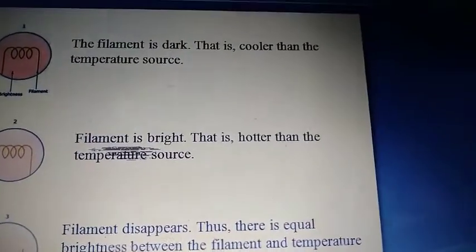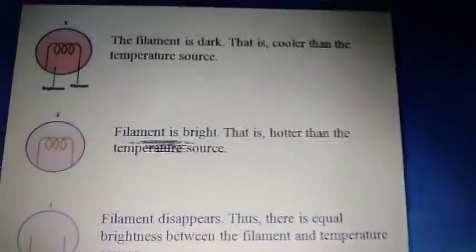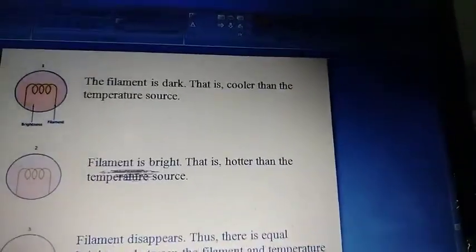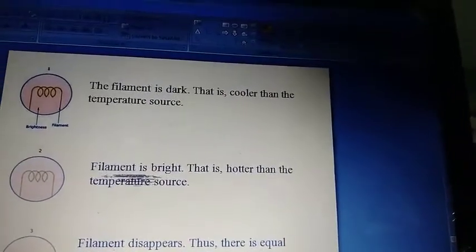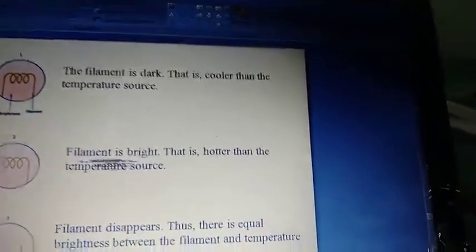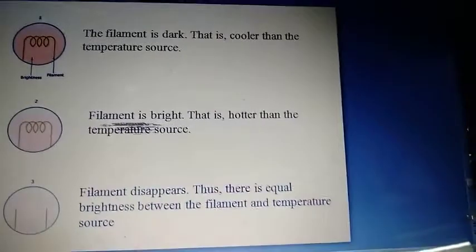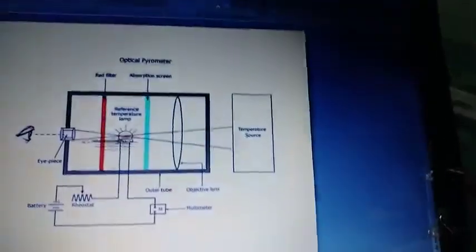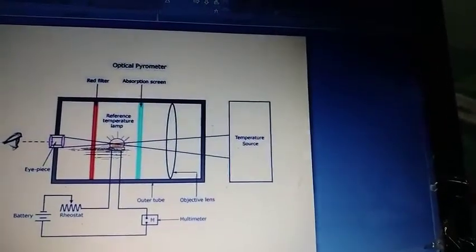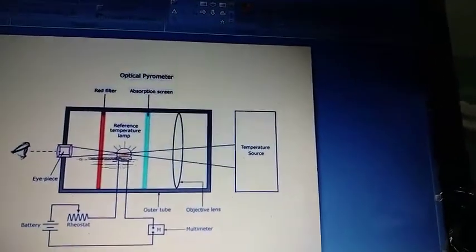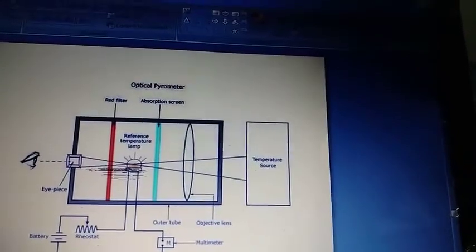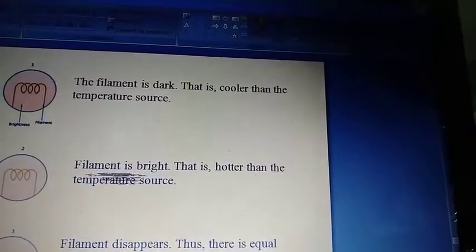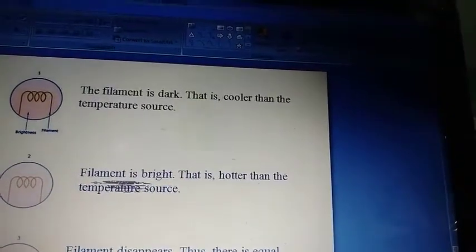So in the three cases we observe from the optical pyrometer. By measuring the brightness, you are measuring temperature directly in terms of voltage. So by the filament you are observing three cases. When the filament is dark, it is cooler than the temperature source.